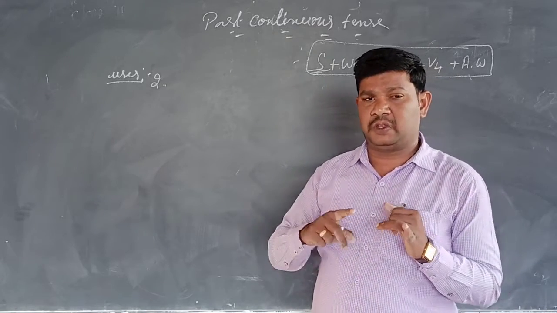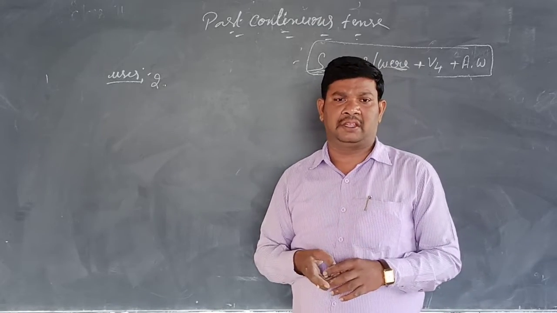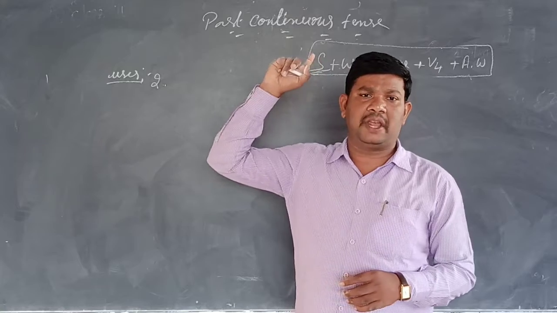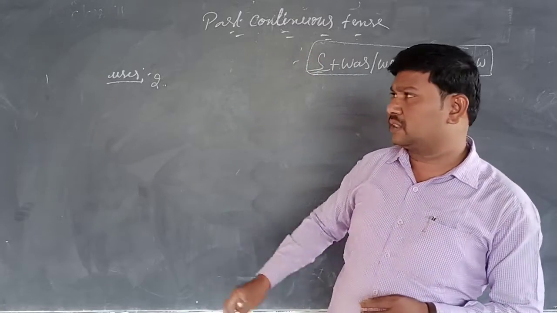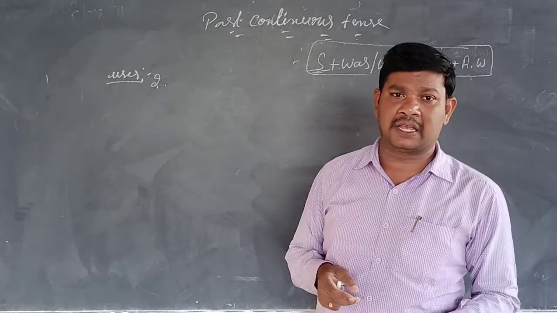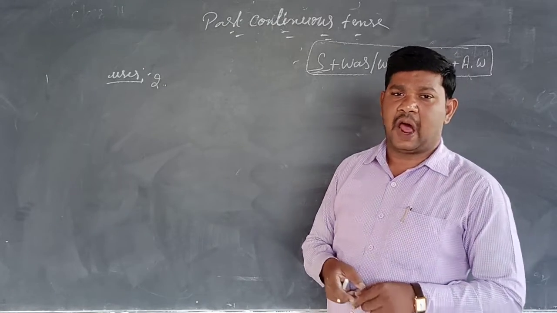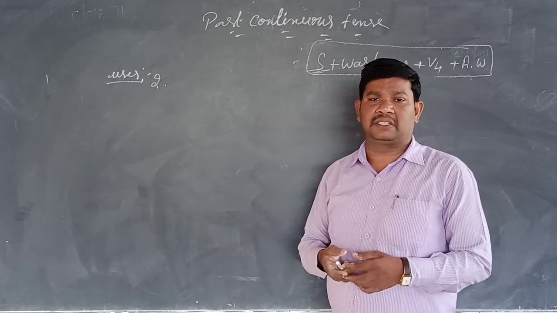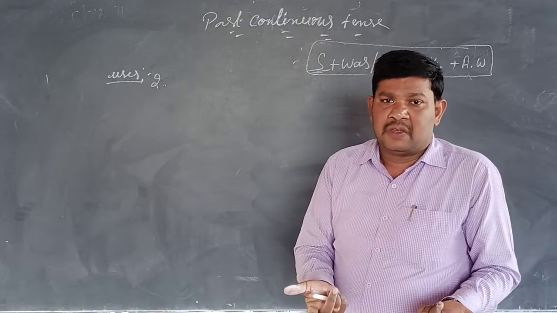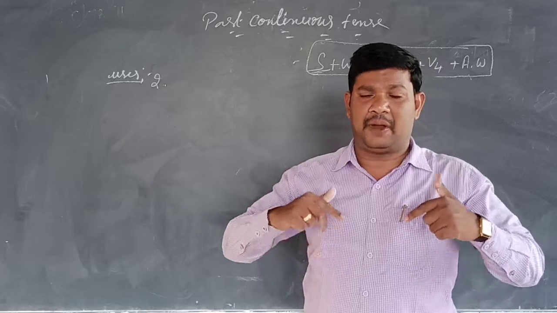So understand the second usage: past continuous is also used in combination with simple past. Past continuous is used for the action which was going on at some time in the past. It is a long action, whereas simple past is used for the action which happened in the meantime.